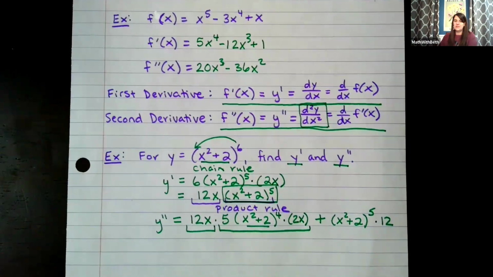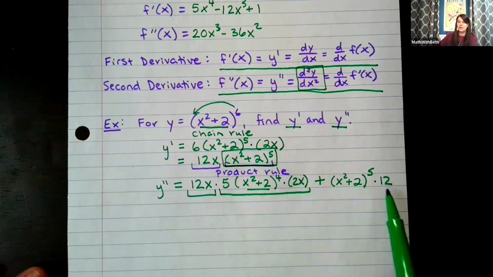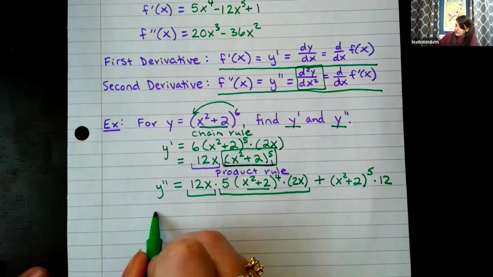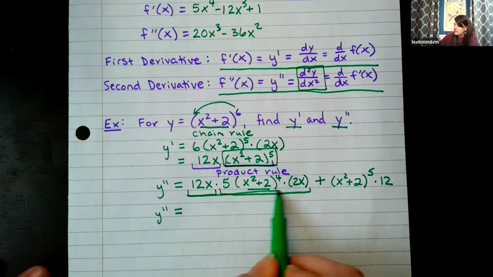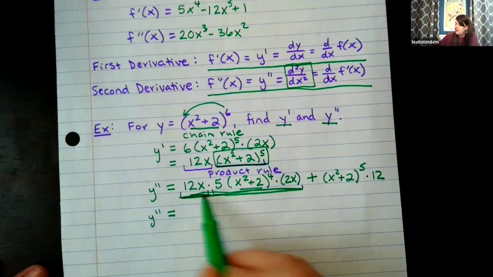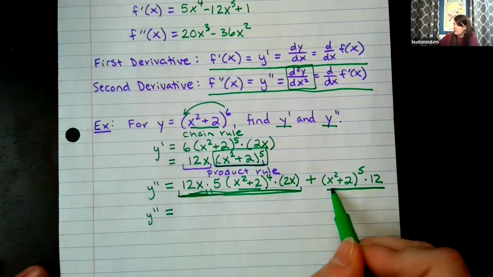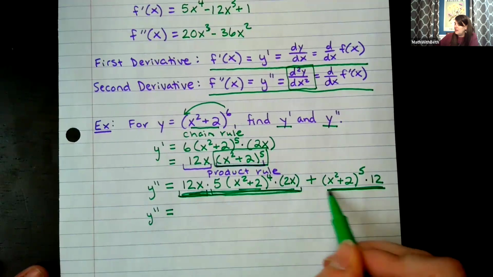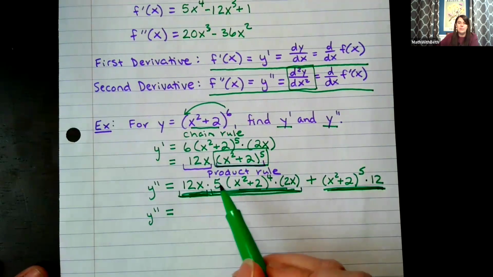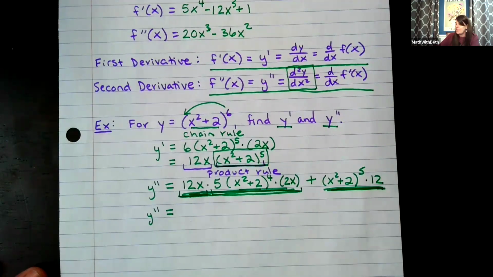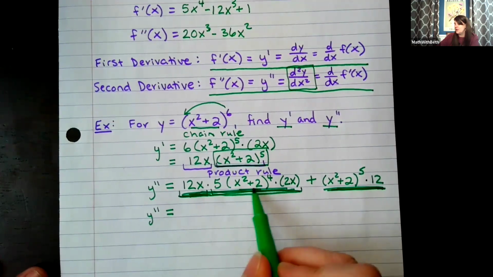So once again, it depends on your instructor how nice they want you to make this, but I'm going to at least show you one thing that can be done so you're not confused if you see it done. Now that we have all of this being multiplied plus all of this being multiplied, I can look at these two things and notice they both have a 12 and they both have an x squared plus 2.